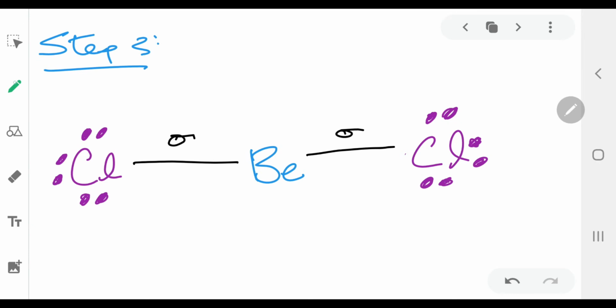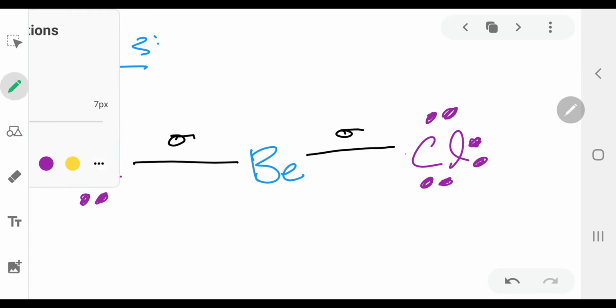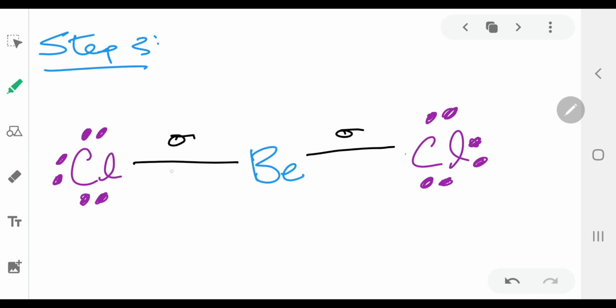So you have 2 bonding pairs. Okay, so this is what you call the incomplete octet, even though beryllium right here does not have 8 electrons surrounding it, but it is already stable. So you have 1, 2, 3, 4.